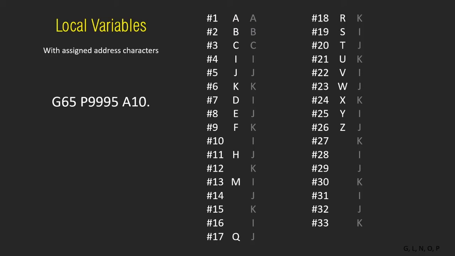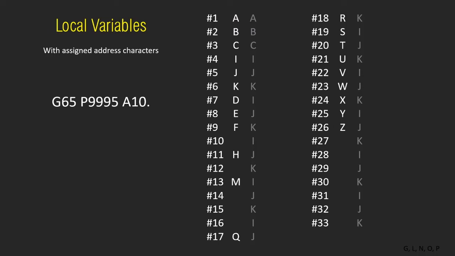When I jump back to my main program, the local variables I had previously set when I was running my main program will return. So if I had set some values, all that stuff is going to come back to life inside my main program. So this is kind of a handy thing in that I have a set of 33 variables that are only available to the program that's currently running.